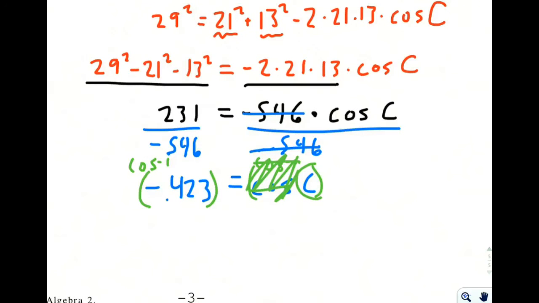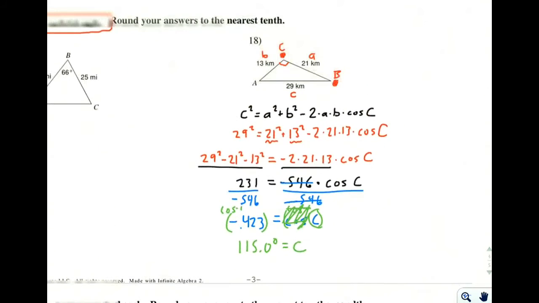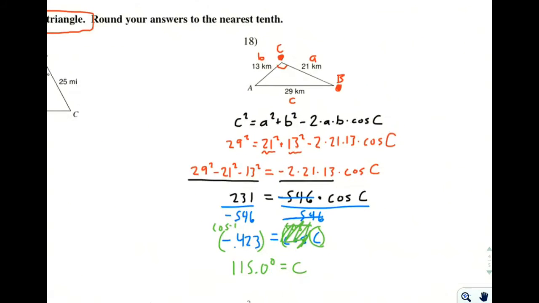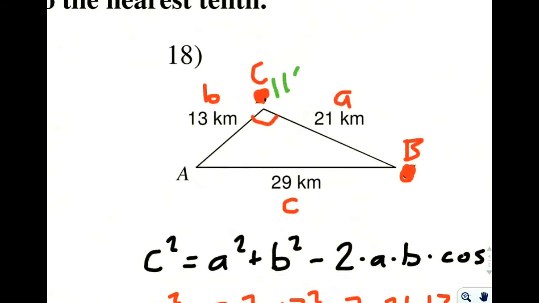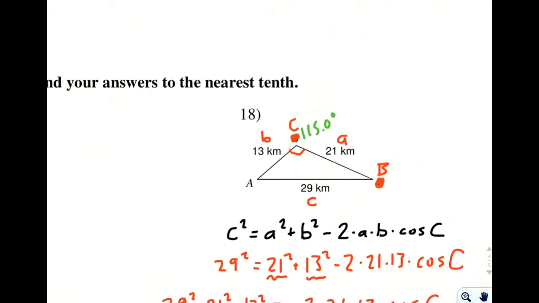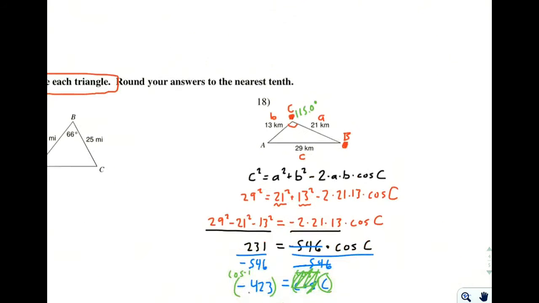So we're going to say 115.0 degrees. And so we go back here, we put our 115.0 degrees on our diagram. Looking at the picture, it looks like a slightly obtuse angle, so 115 seems totally plausible. Looks like we have the right answer.